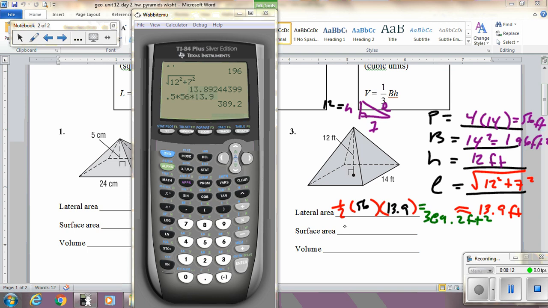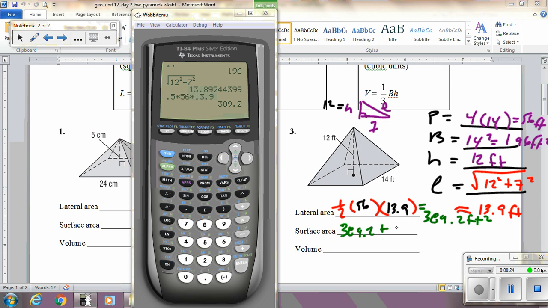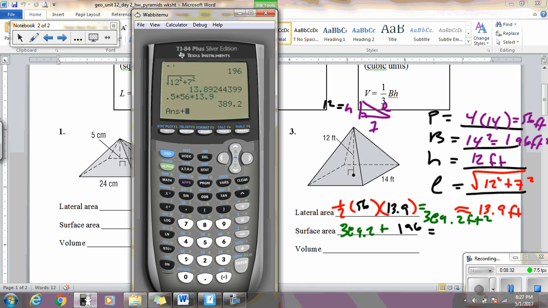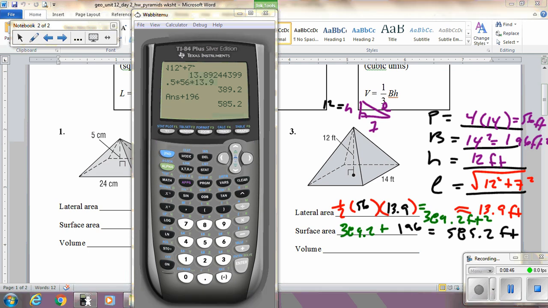Our surface area is nothing but our lateral, 389.2, plus 1 base. Our 1 base is 196. So the total would be 585.2 feet squared.